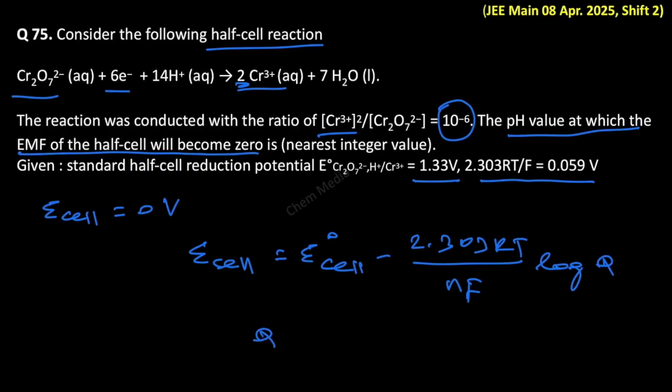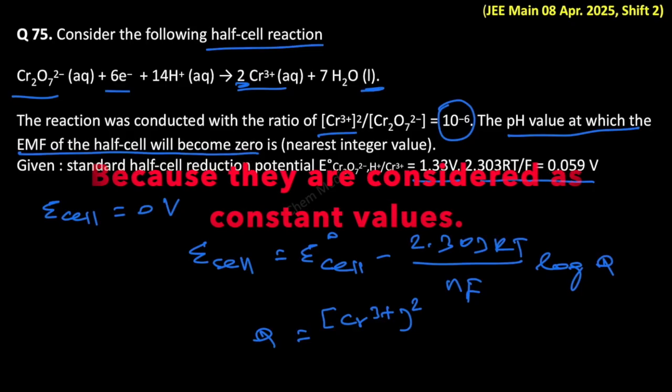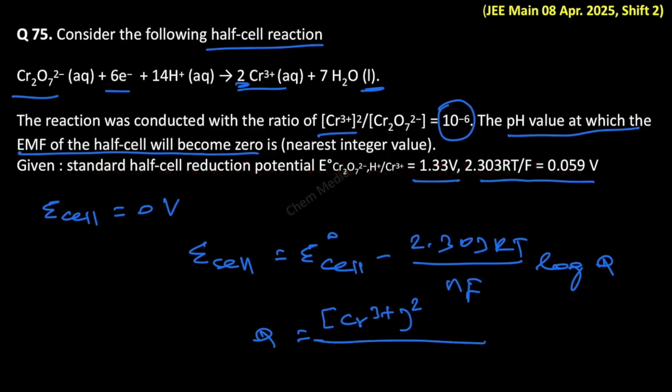In this case, the quotient is equal to concentration of chromium 3 plus whole square, and we don't enter liquids or solids in the reaction quotient. So, we can leave the products as it is, divided by concentration of dichromate ion times concentration of H plus to the whole power 14, because we have 14 as the stoichiometric coefficient.